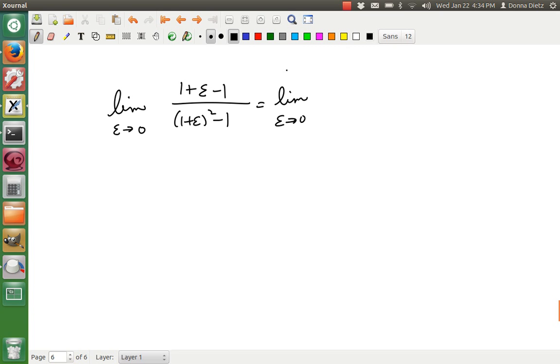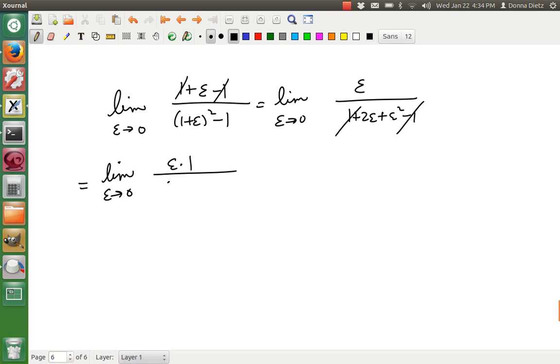1 minus 1 is going to give us epsilon. The bottom is going to be 1 plus 2 epsilon plus epsilon squared minus 1. Those are going to cancel. And you know what? You're going to factor out an epsilon on top and an epsilon on the bottom.